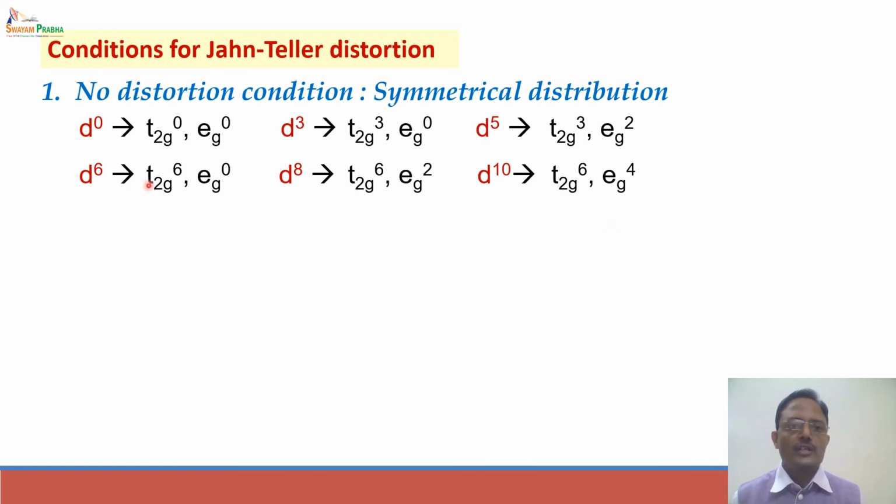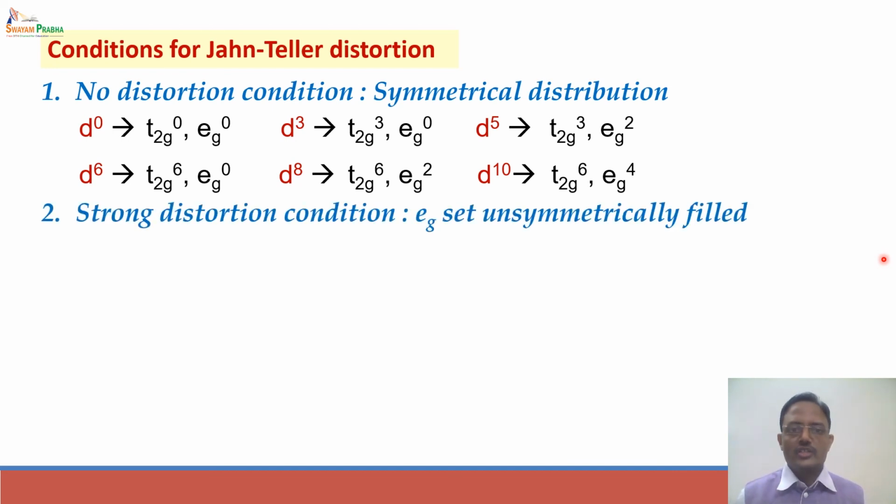For example, consider the d0 system where t2g and eg are completely empty, the d3 system where t2g has 3 electrons and eg has no electron, the d5 high spin state where t2g has 3 electrons and eg has 2 electrons, both of them symmetrically filled, the d6 low spin state where t2g has 6 electrons and eg has 0, again symmetrically filled, the d8 system with t2g 6 electrons and eg 2 electrons, and the d10 system where both t2g and eg are completely filled. In all these cases, the electronic distribution is symmetrical, and so Jahn-Teller distortion will not take place.